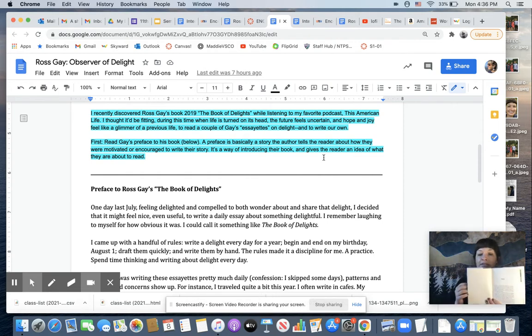So his preface comes right after the table of contents at the beginning of the book, and it's short. It's like a page and a half. So it's short, but it gives you a good intro to his book and tells you his motivation for doing this. So here we go.